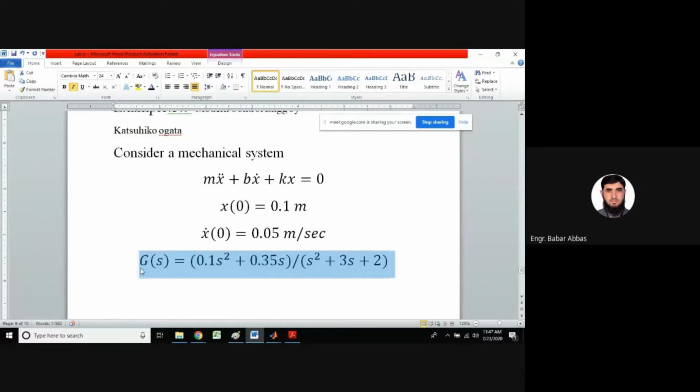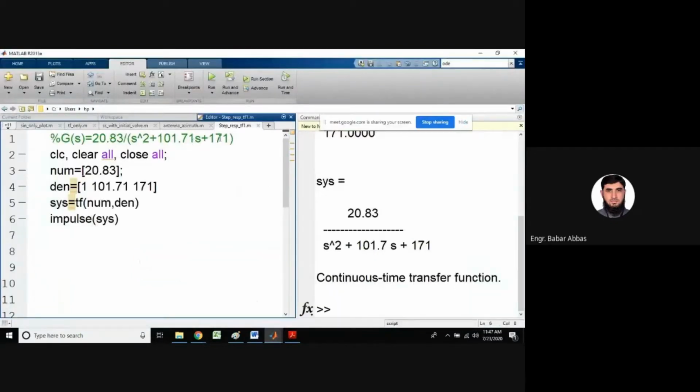So let me copy this program, Control C, and paste it in MATLAB, Control V. Okay, let me write the coefficients in the numerator: 0.1, 0.35. The coefficients in the denominator are 1, 3, and 2.